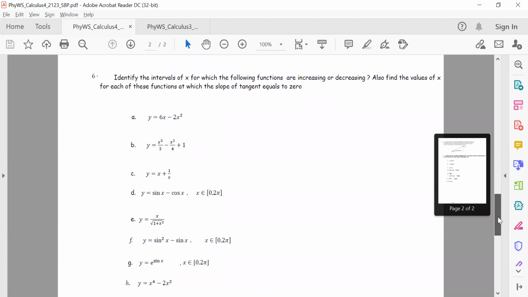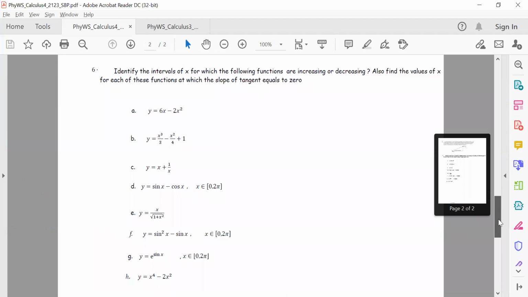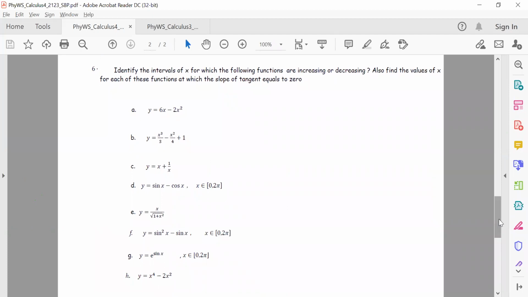Sorry, some numbering error again. This should be question 5. Anyhow. So this is that type of question where we have to find the intervals where y is increasing or decreasing with respect to x. So tell me if we need to solve any of the parts of this. The first part is very much like a question we did today. Okay.